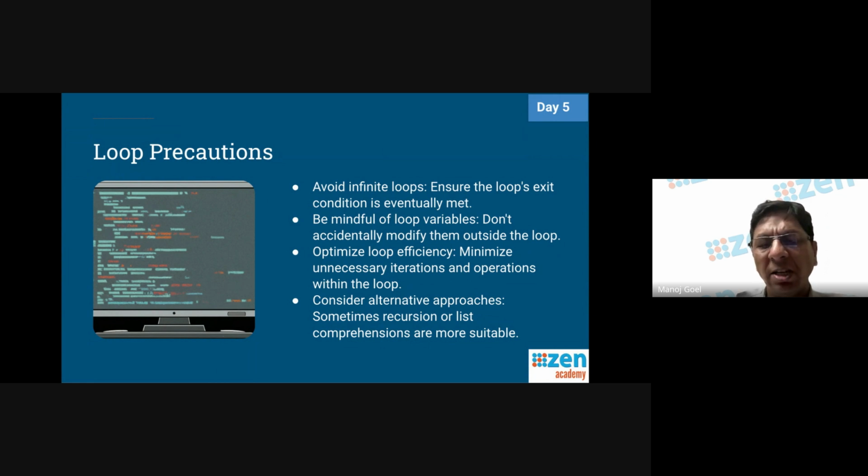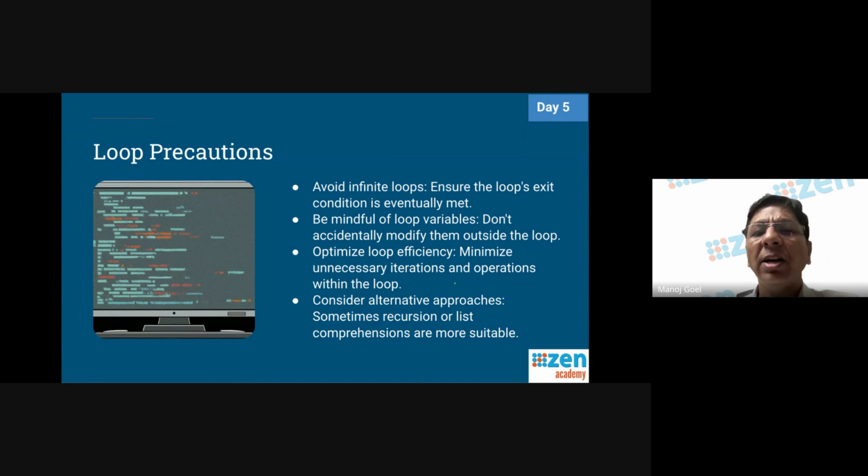Nesting is good, but it may sometimes be a killer, because if a loop is iterating 10 times, and inside that you are iterating 100 times, and then 100 times again, that is 100 into 100 into 10 times your code is executing. So be very, very careful when you're writing nested loops.